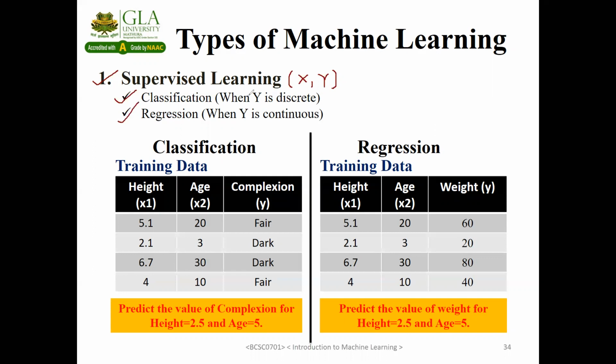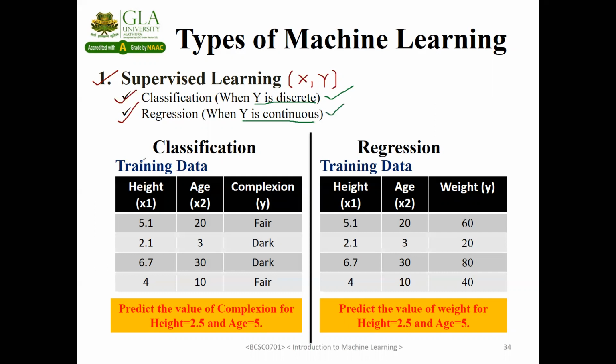In classification, if the Y, that is the target variable, is discrete, then the supervised machine learning algorithm becomes classification. However, if Y is continuous, a real valued feature, then the same problem becomes regression.